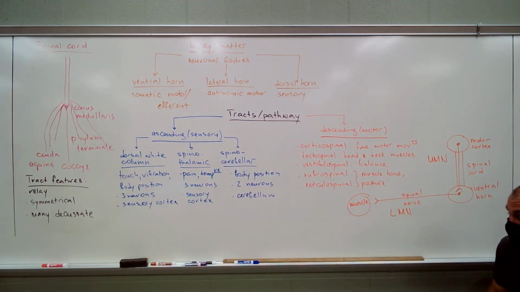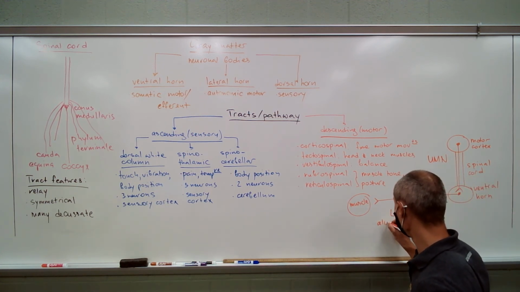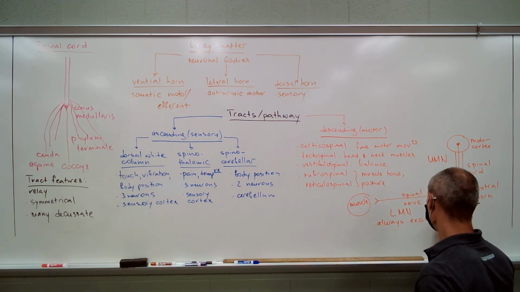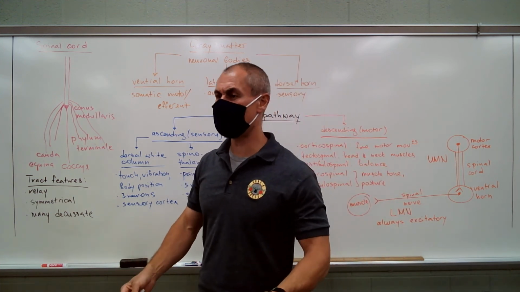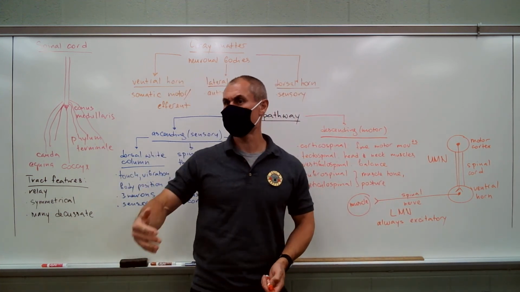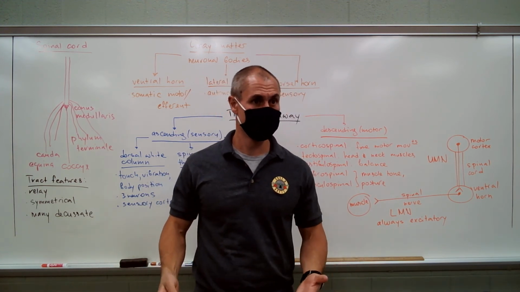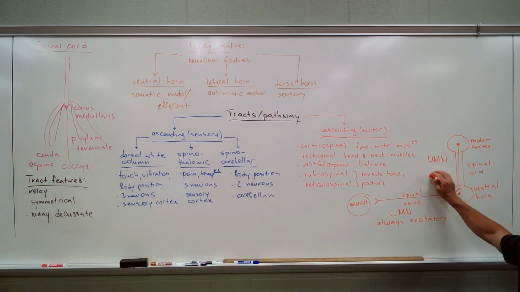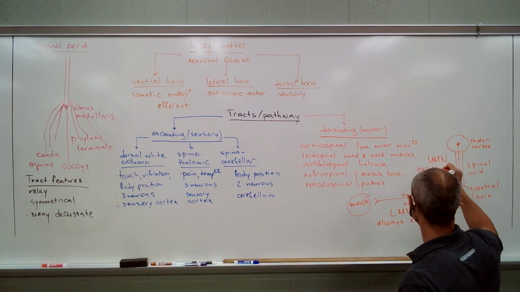Here's an interesting story. Lower motor neuron here is always excitatory. So you may ask, what the hell? If it always sends signals and contracts our muscles, why are we not in a constant contracture? The answer is here, because your upper motor neurons can be excitatory or inhibitory.